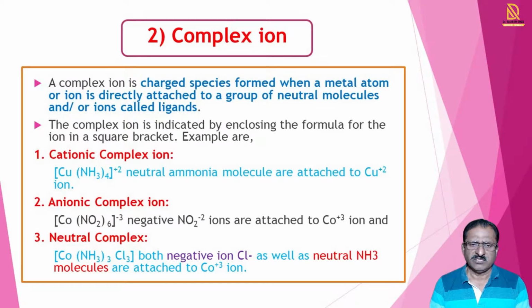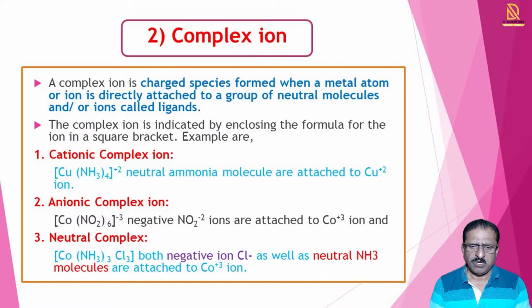Complex ions are classified into three types: cationic complex ion, anionic complex ion, and neutral complex. Firstly, we see what is meant by a cationic complex ion, and for that we take an example: [Cu(NH3)4]2+.